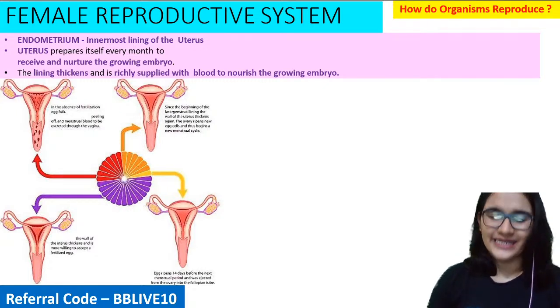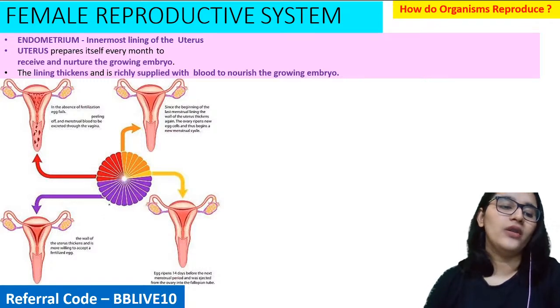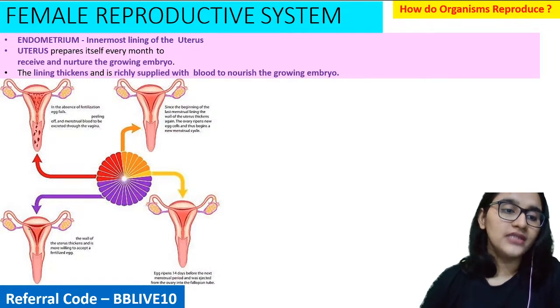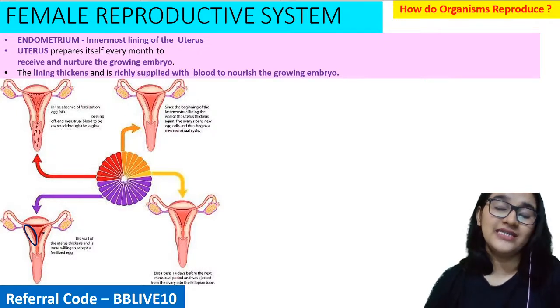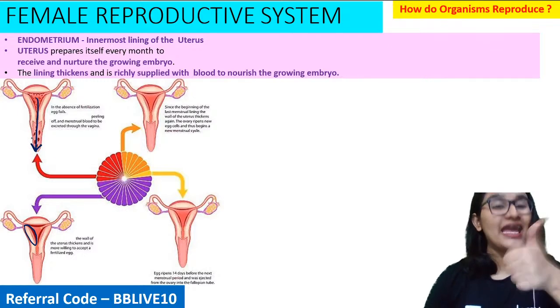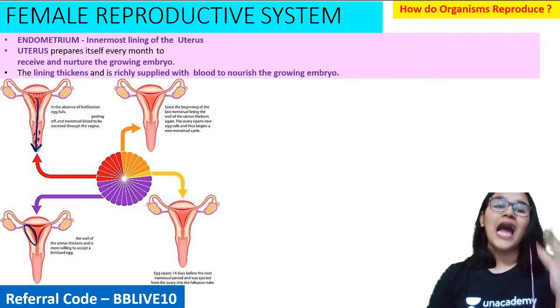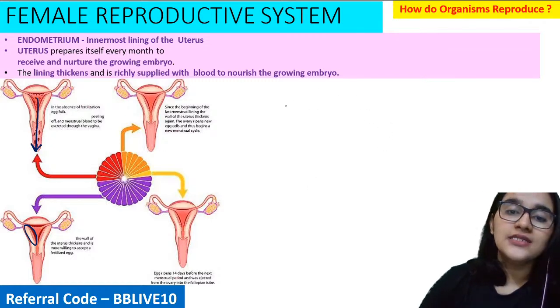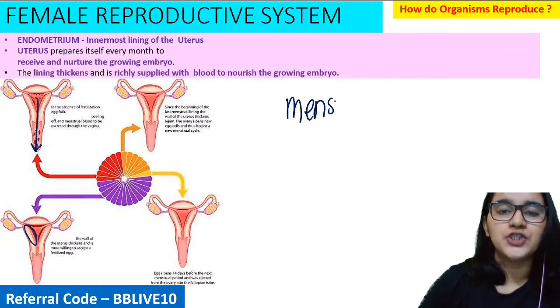You can see how thick the endometrium is over here. If fertilization has not happened, the egg and the endometrium lining are shed out of the body through the vagina. The shedding of the egg and the endometrium wall outside the body is called menstruation.